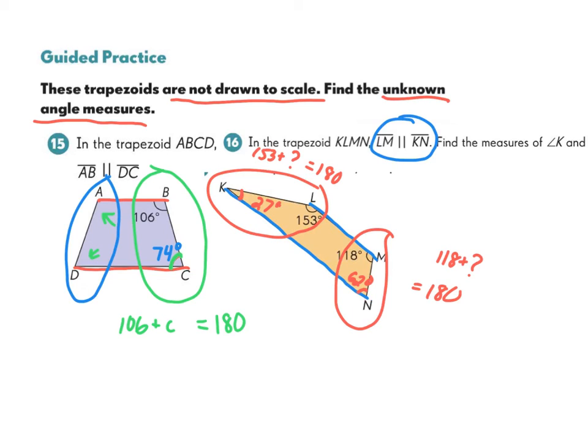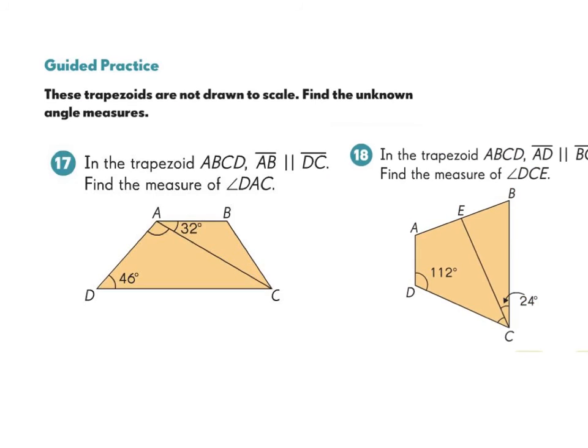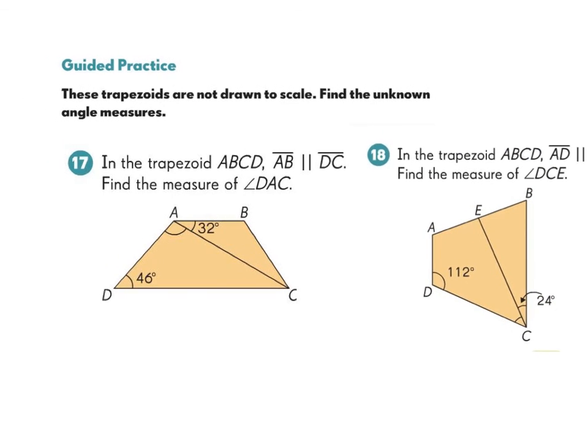We definitely have to identify the correct angles between the parallel lines in order to know what two angles equal 180 degrees. And these are the last two we're going to practice together. Again, it says that these trapezoids are not drawn to scale, so don't use a protractor. That's not going to work out for us. Looks like we need to find this one.